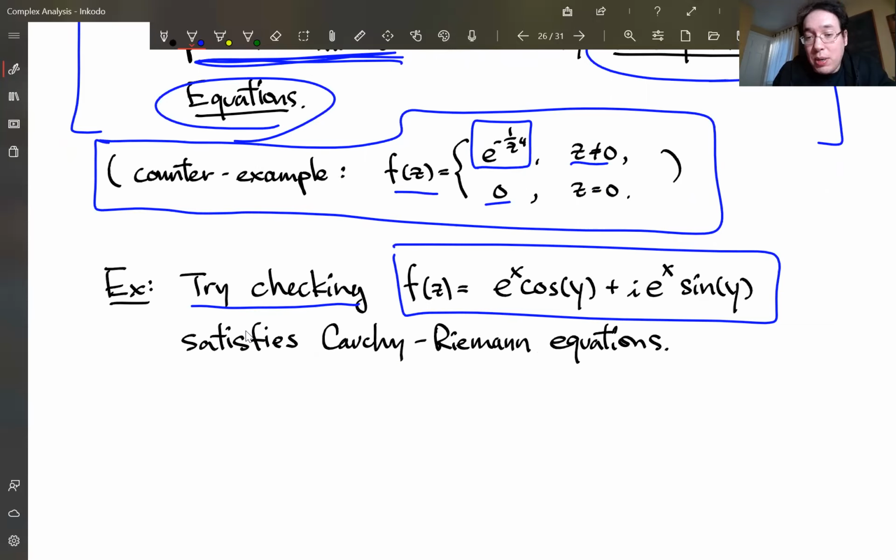Try taking the derivative of each of these real and imaginary parts with respect to x and y, and see if you can plug it into the Cauchy-Riemann equations to check if this is a complex analytic function. Try it out, and I'll see you in the next video.